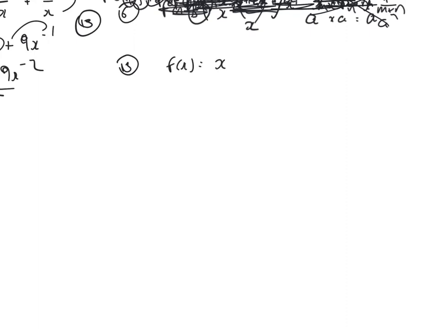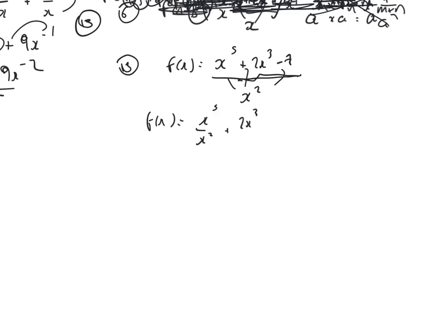Example 13. f of x equals x to the 5 plus 2x cubed minus 7 all over x squared. Split it into 3 terms: x to the 5 over x squared plus 2x cubed over x squared minus 7 over x squared. 5 take away 2 is 3, x cubed. 3 take away 2 is 1, 2x to the 1, that's just 2x, and I bring that up and change its sign.